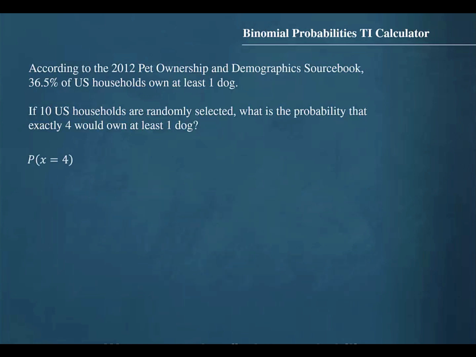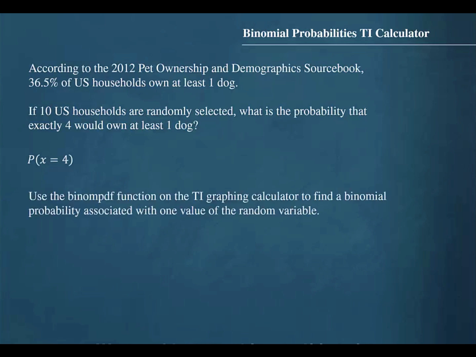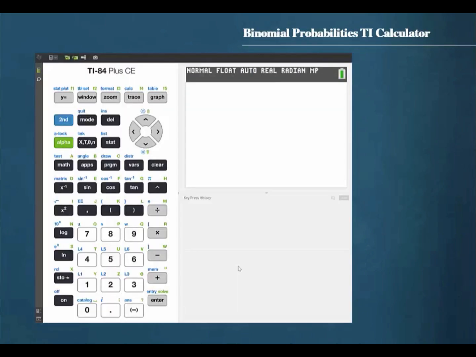We are asked to find the probability that out of 10 randomly selected households, exactly 4 would own at least one dog. In probability notation, this can be expressed as the probability that x is equal to 4. We should use the binomial PDF function on the graphing calculator to find a binomial probability associated with one value of the random variable.